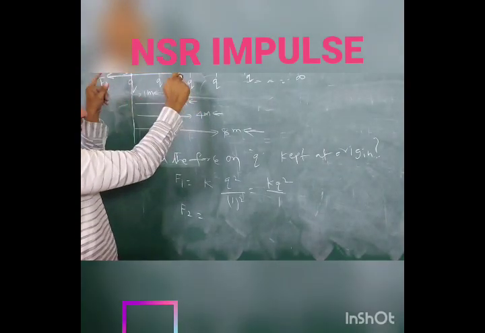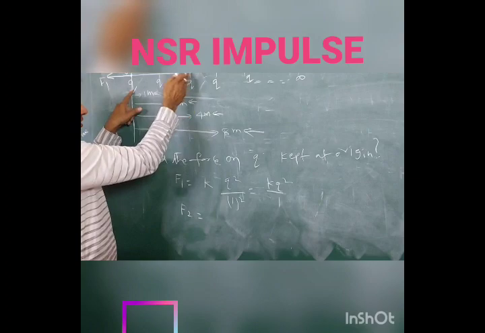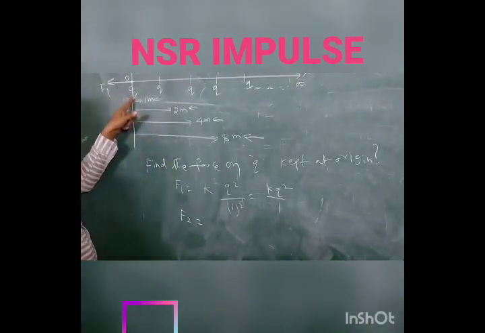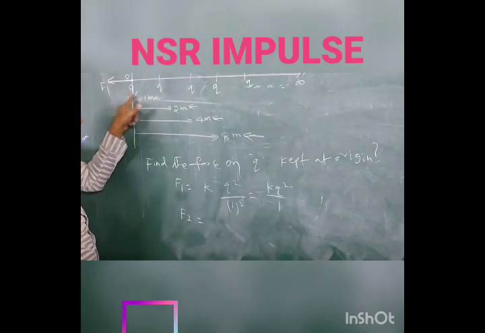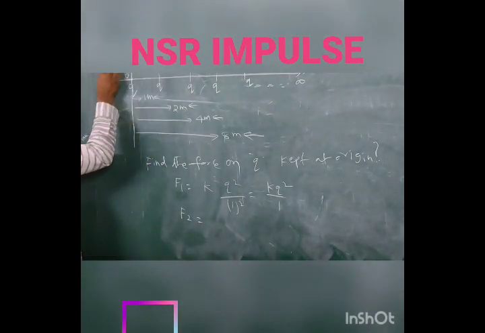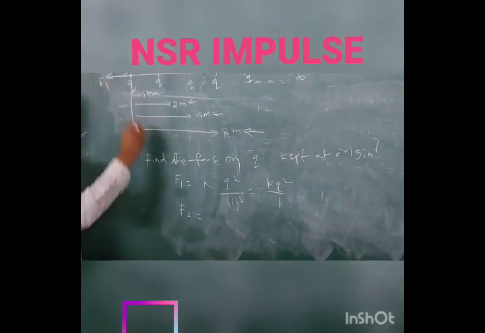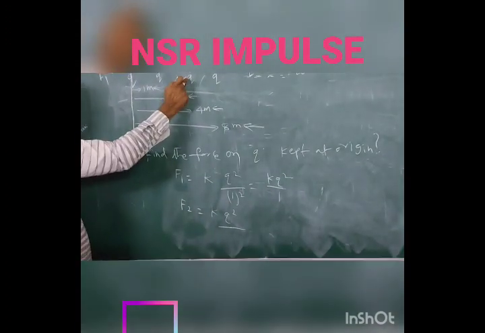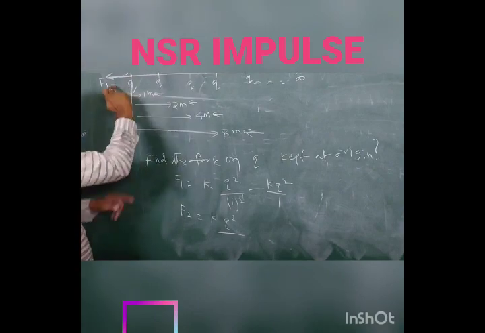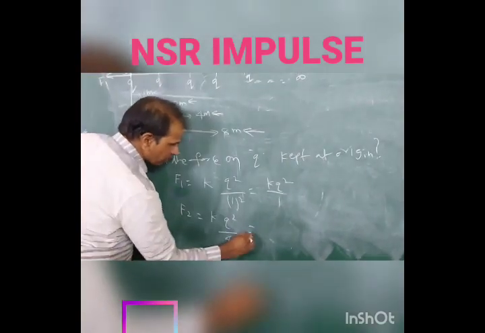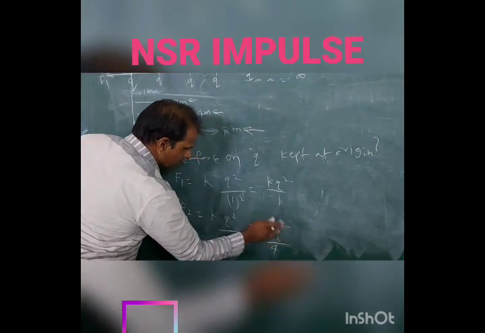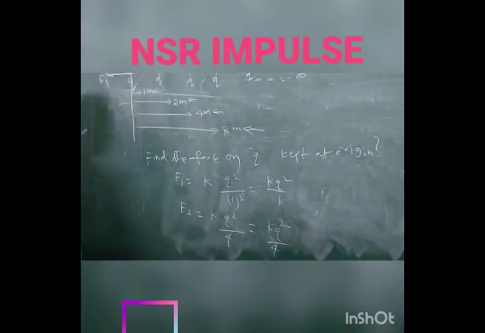It will feel the force in this direction. So that force is F2. F2 is equal to K Q square by 2 square, 2 square is equal to 4. So K Q square by 4.